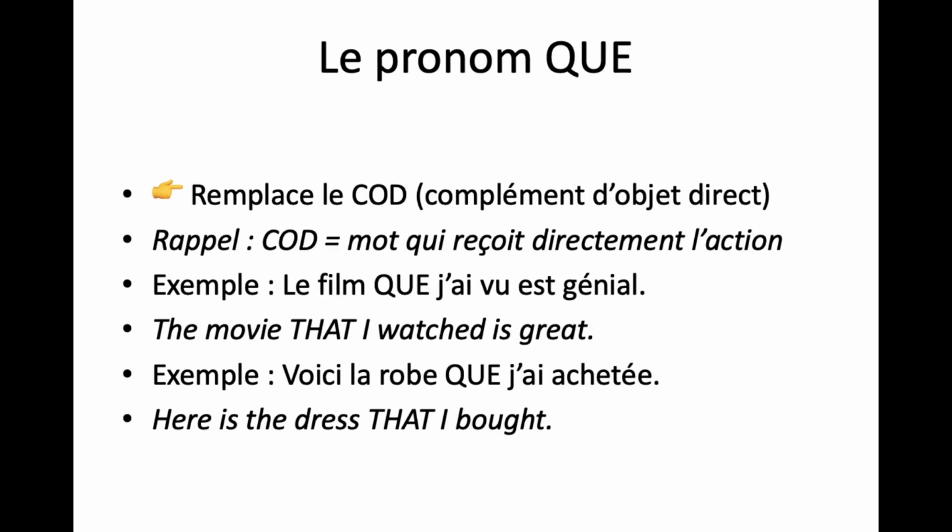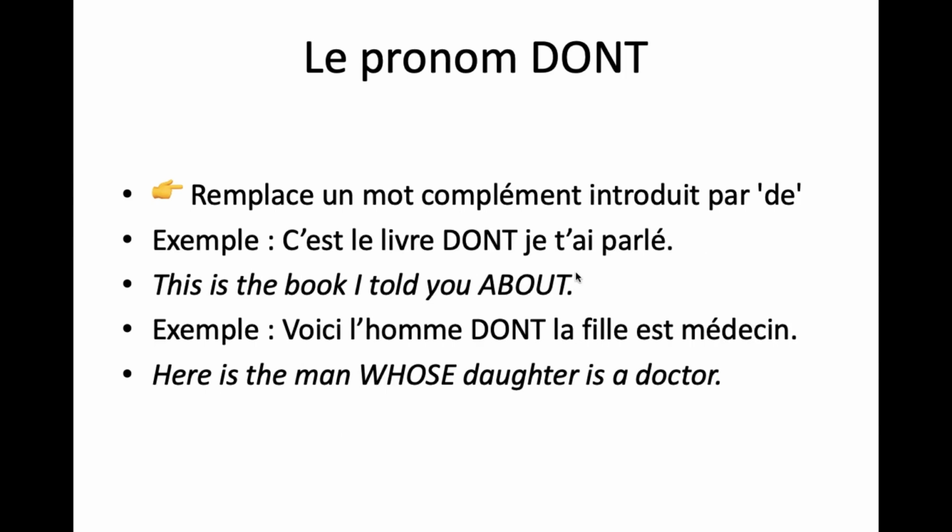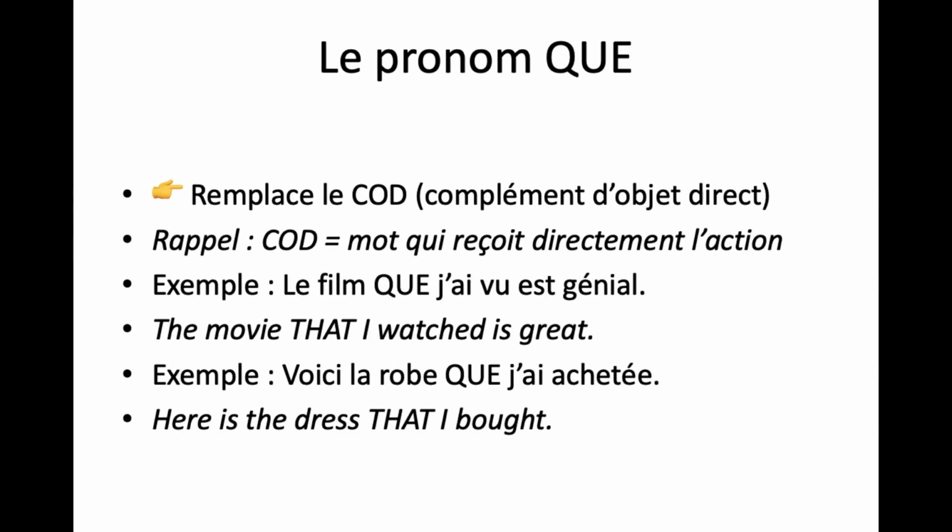If we take the previous example, le film que j'ai vu est génial, in this case we couldn't say j'ai vu de ce film. It's not correct, because it's not a verb where you can introduce a complement with the preposition de.